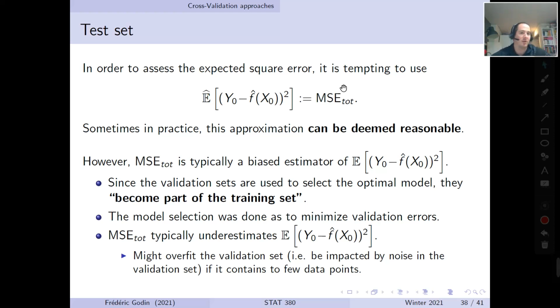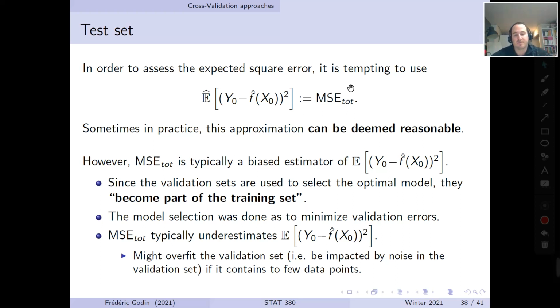So you might think, okay, if you have a new observation, this is unseen data, so this mean square error MSE total already reflects that, so we should use that as our performance assessment for new observations.